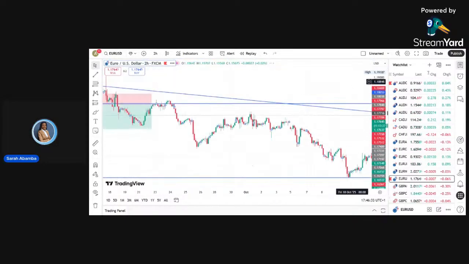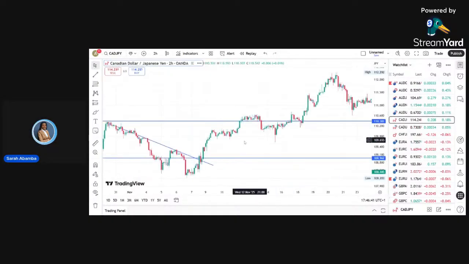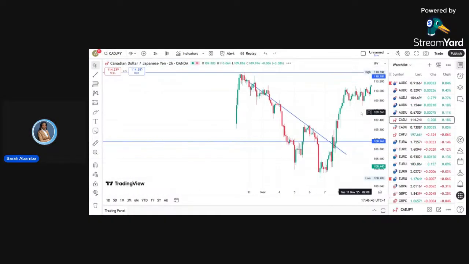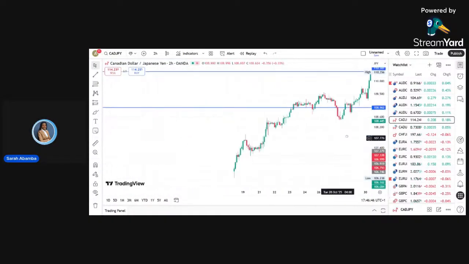I'm trying to get examples of bullish doji so that we have a balanced view of everything.